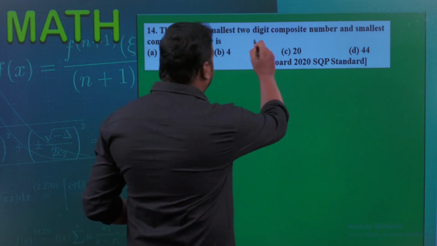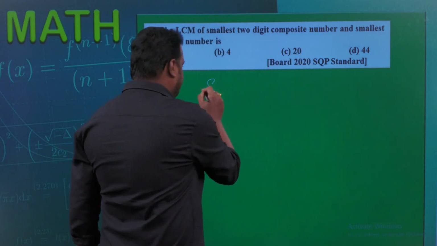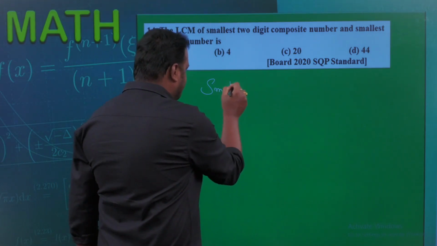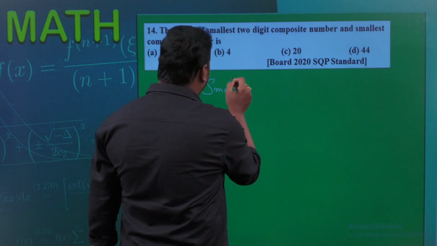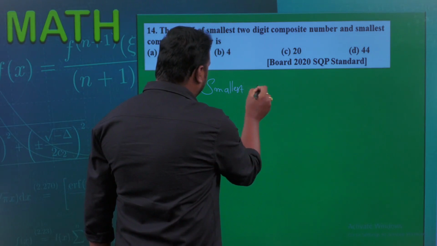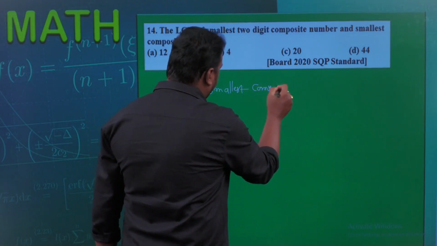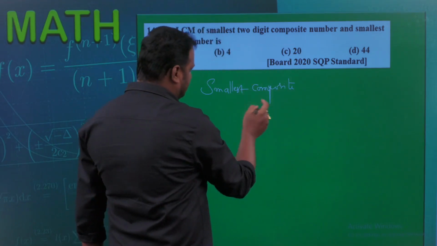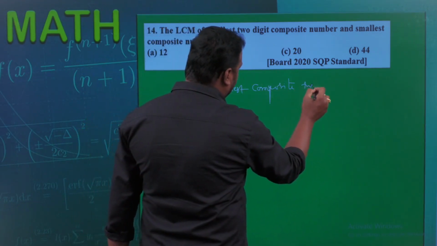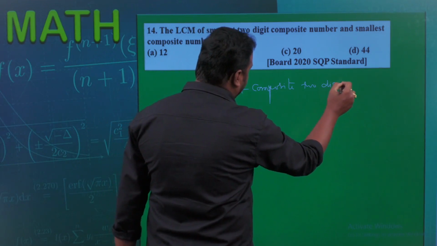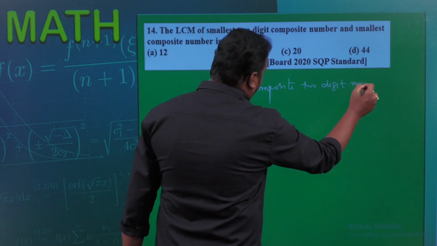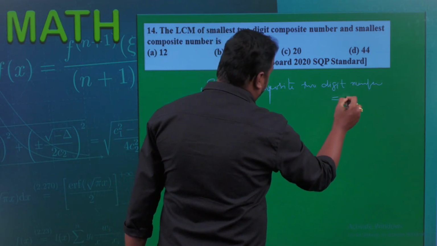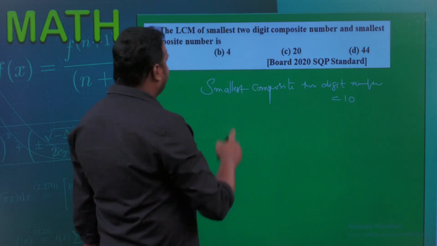So the smallest 2-digit composite number is 10. And what is the next one?